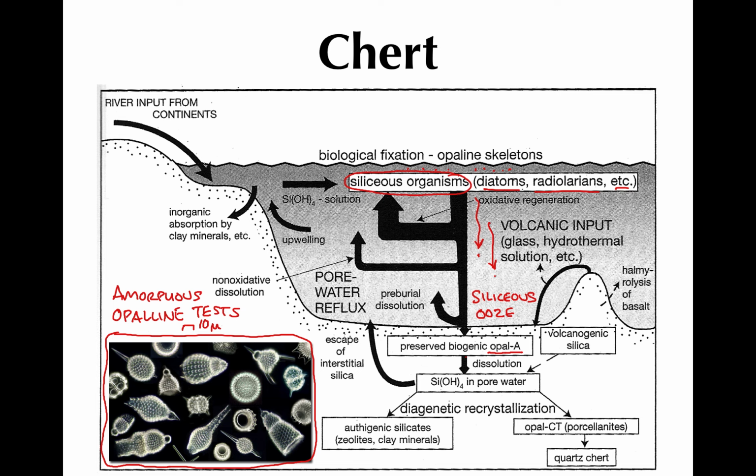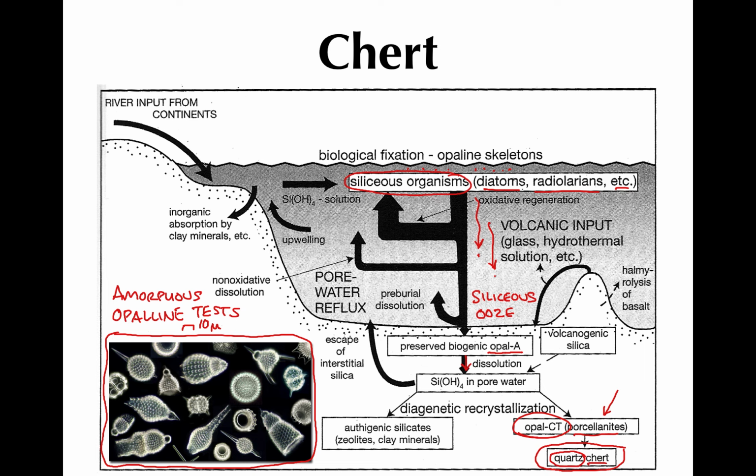And then as it's buried deeper, it'll convert into opal CT, which creates a rock type called a porcelainite. So we go from this ooze to something that looks more like a chalk, to something that looks more like a porcelain rock. And then finally, if we bury that even deeper, we can turn all that opal into true quartz, which is what we call chert.